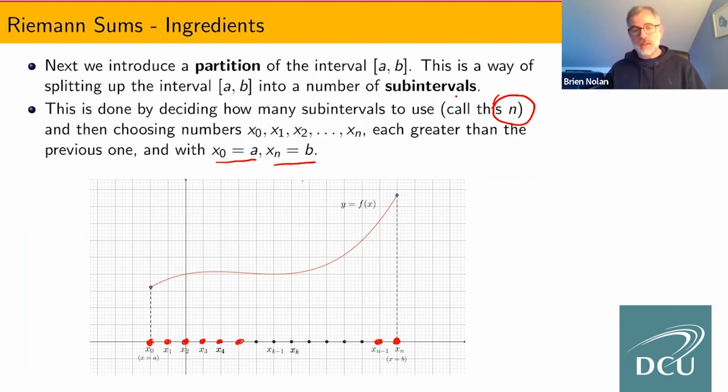Very much aligning with the everyday use of the English word partition, we chop it up in this way. I've labeled here two in the middle, which are going to be generic points of this partition. So we'll talk about the general point of a partition, xk, where k is somewhere between 0 and n. That's our next ingredient, this partition, where we take the interval and chop it up using a sequence of points into n subintervals.